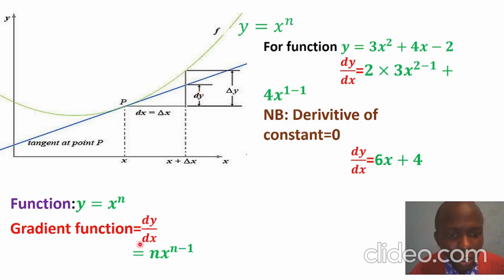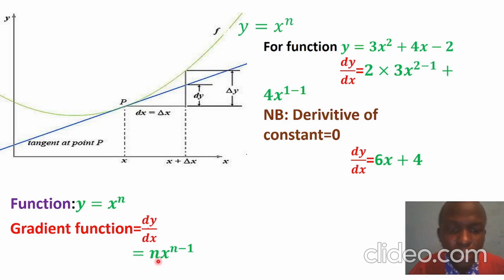So dy over dx is equal to n multiplied by x power n minus 1. What we are supposed to do here is just drop this n here, and then subtract the power by 1. So we say n minus 1, and then you drop the n there.